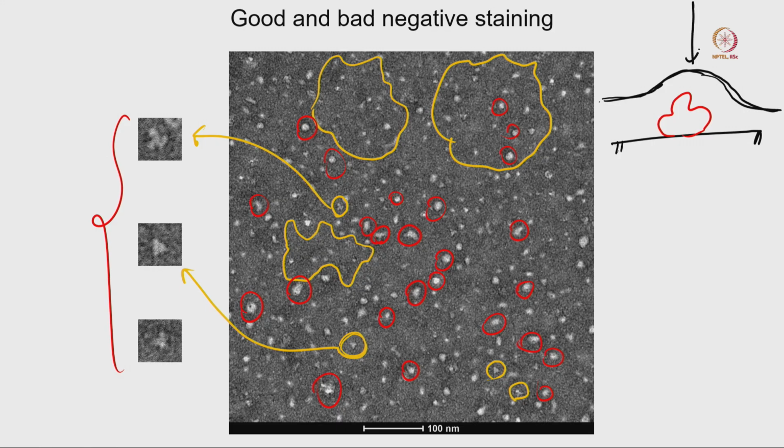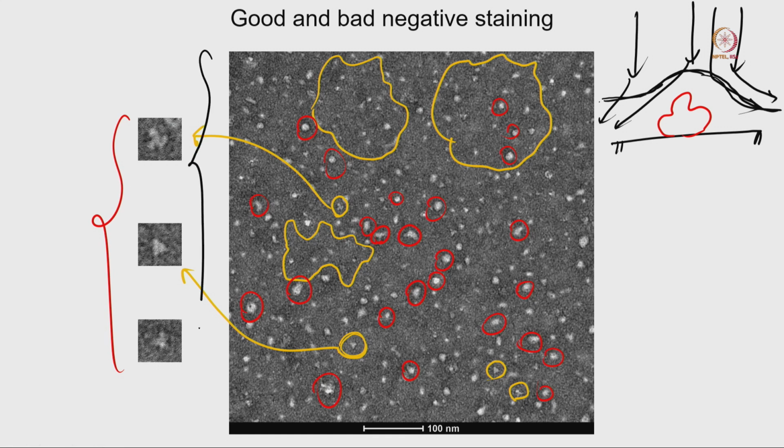Now when electron beams scatter from the background as well as from the sample, the scattering is very strong. All are scattered at a very high angle, and that is the reason the entire image appears very black or dark, and we cannot isolate our protein sample properly. This kind of staining is called a thick stain of the negative stain.